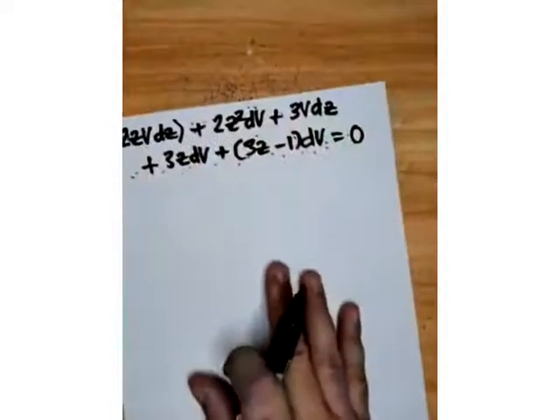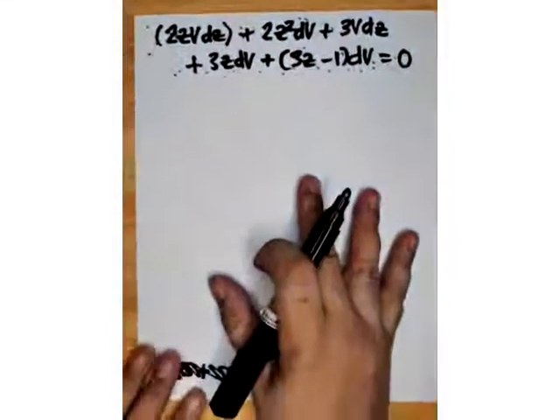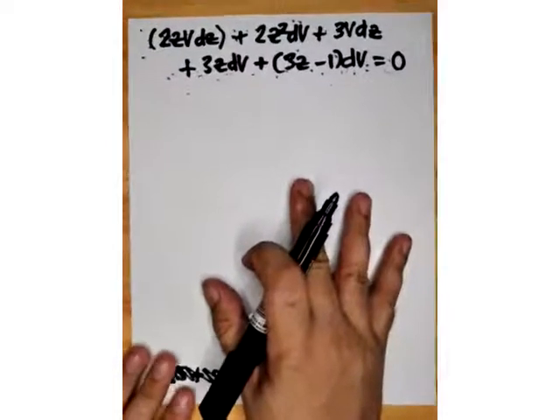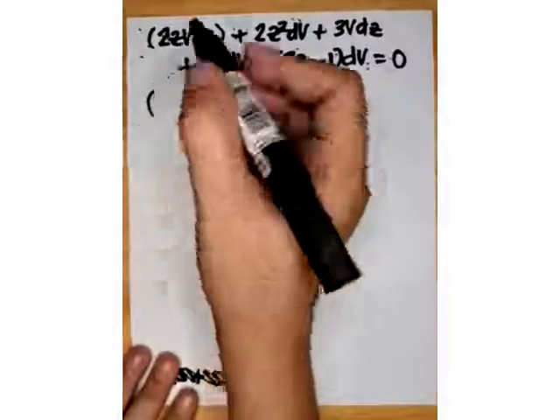Okay. And then, let's combine like terms. So, lahat ng may dz pagsamasamahin, lahat ng may dv pagsamasamahin. So, factor out natin yung dz.